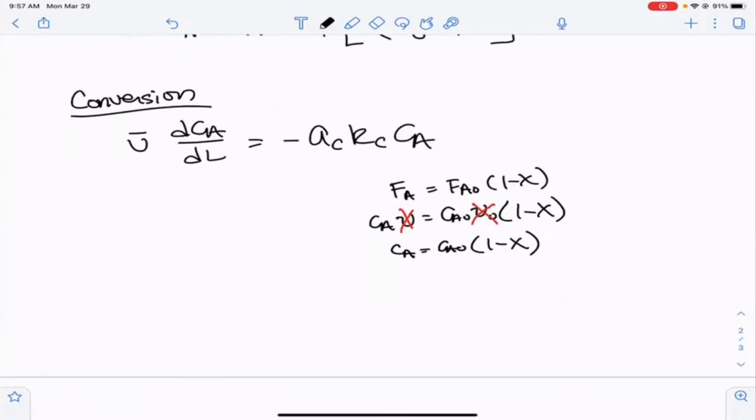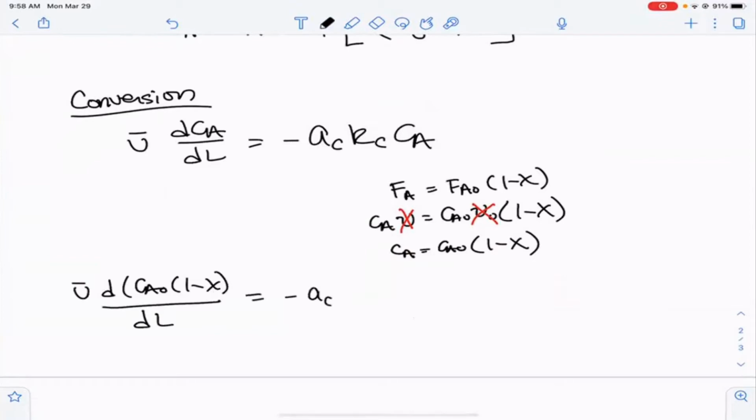Then the left-hand side of this equation becomes the velocity times d of Ca0 times 1 minus x dl, equal to minus AC times Kc times Ca0 times 1 minus x.